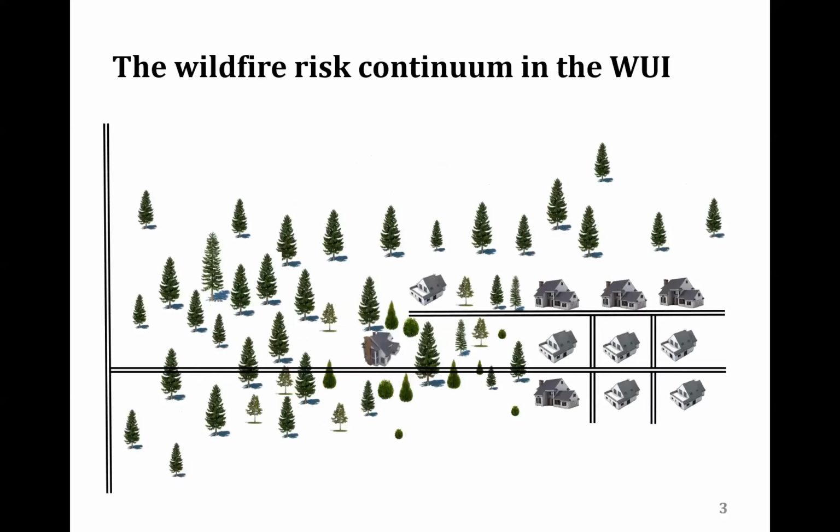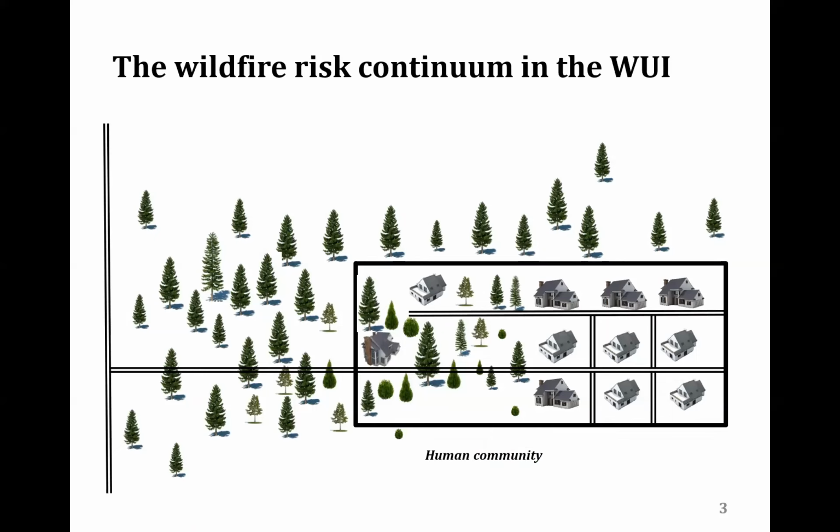In this slide, I just want to summarize some key concepts that we have been implementing in this case study. Given a landscape like this, where we have a human community, every housing unit has a home ignition zone. The home ignition zone is the buffer area around each structure.